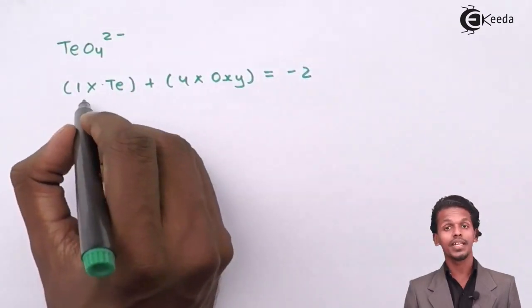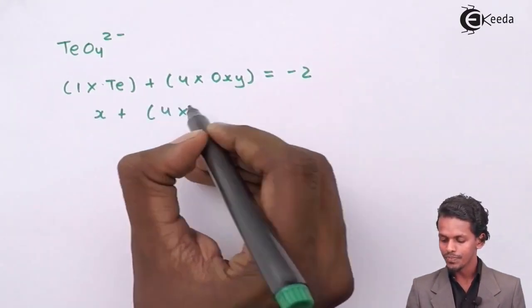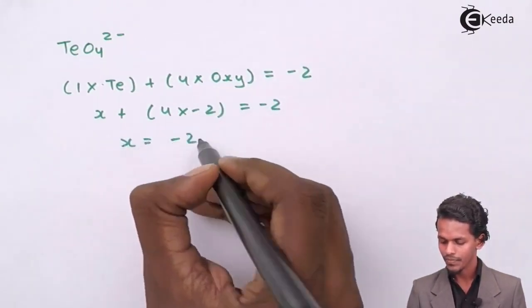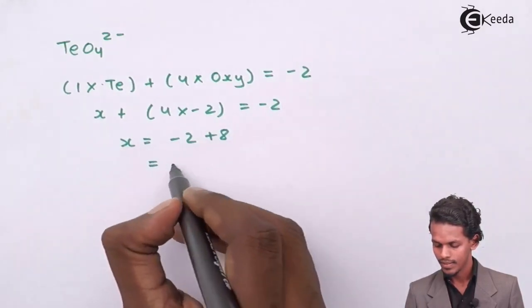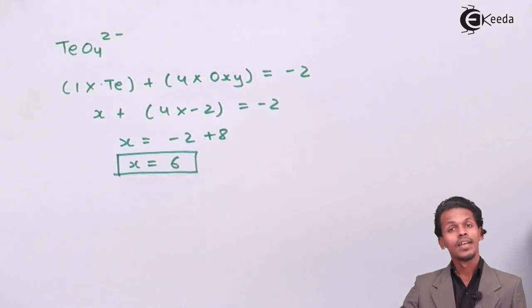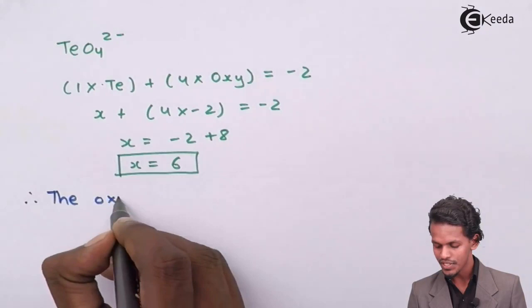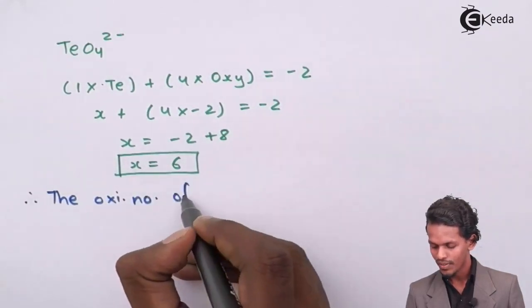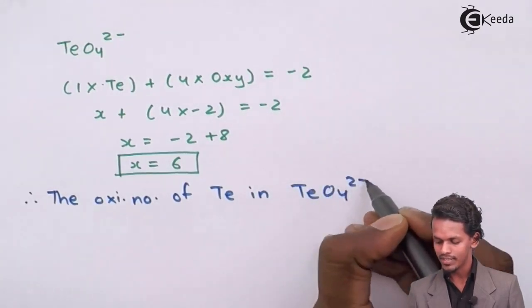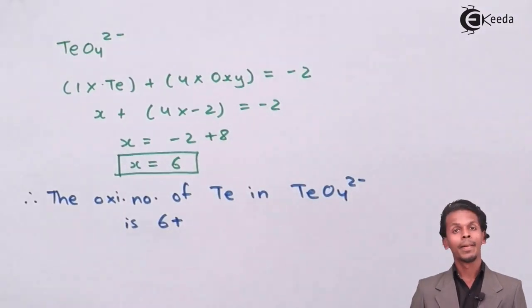Therefore I would consider the oxidation number of tellurium as X plus 4 into -2, which will give an answer of 6. So I would write the conclusion as the oxidation number of tellurium in TeO4 2 minus is 6 plus.